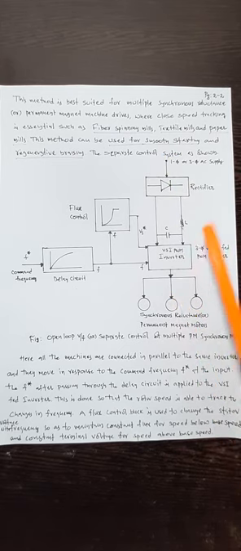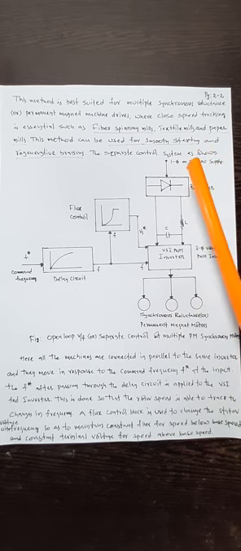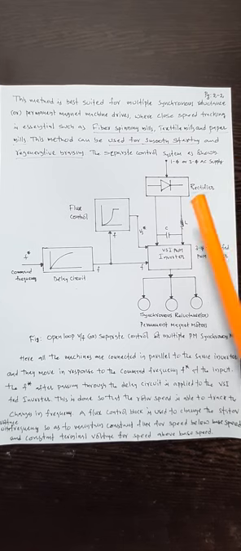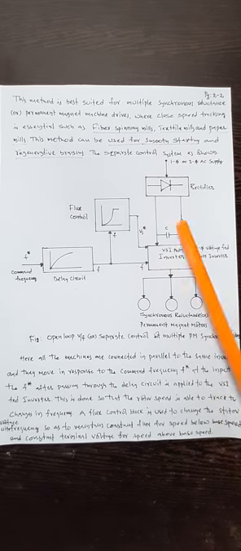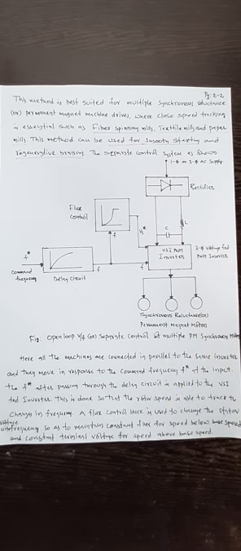AC source, modulator, filters, inverter, motor, loads. That's all. In this configuration we have to command the frequency. That is more important for us. Why? Because synchronous motors always rotate at the synchronous speed.